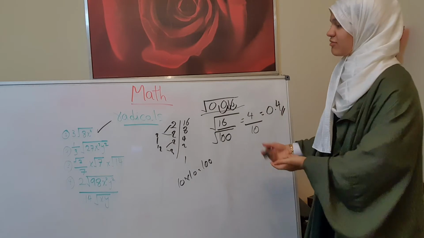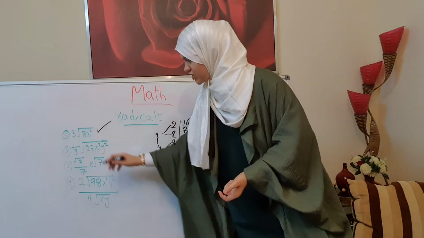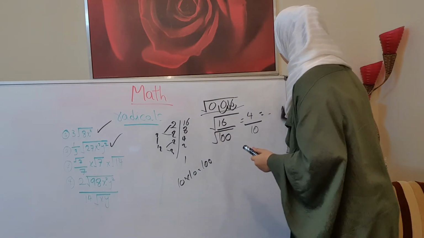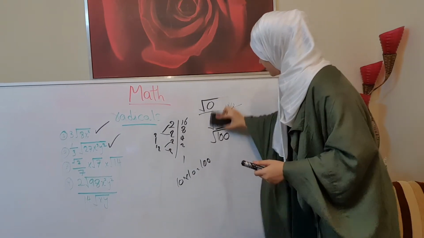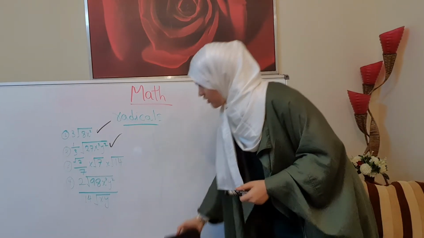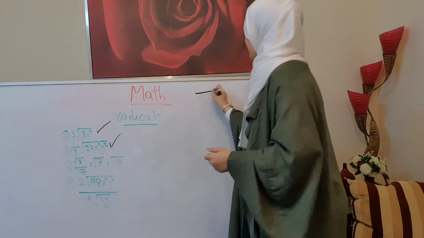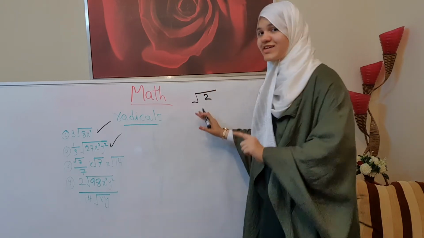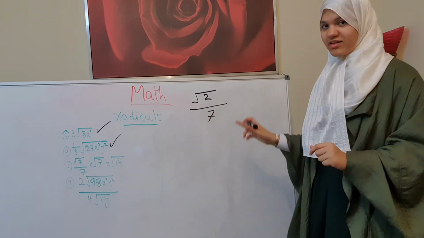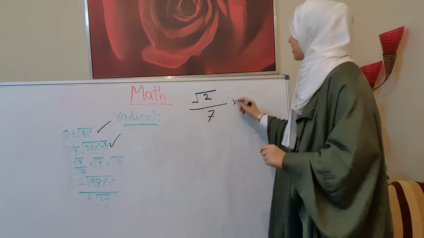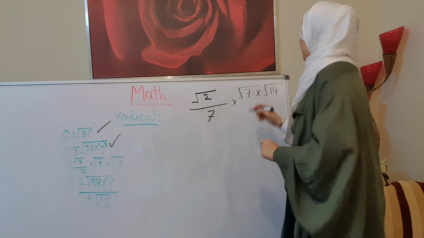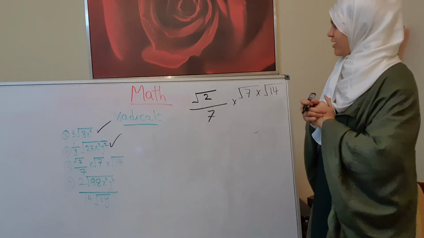That was by decimal. But now let us go to question number 3. It says radical 2 over 7 times radical 7 times radical 14. Now, how to solve that?